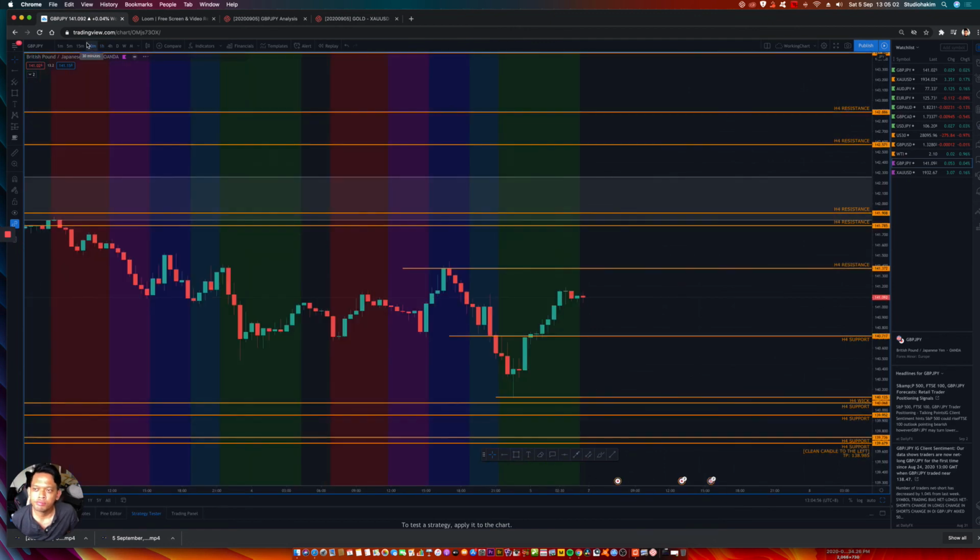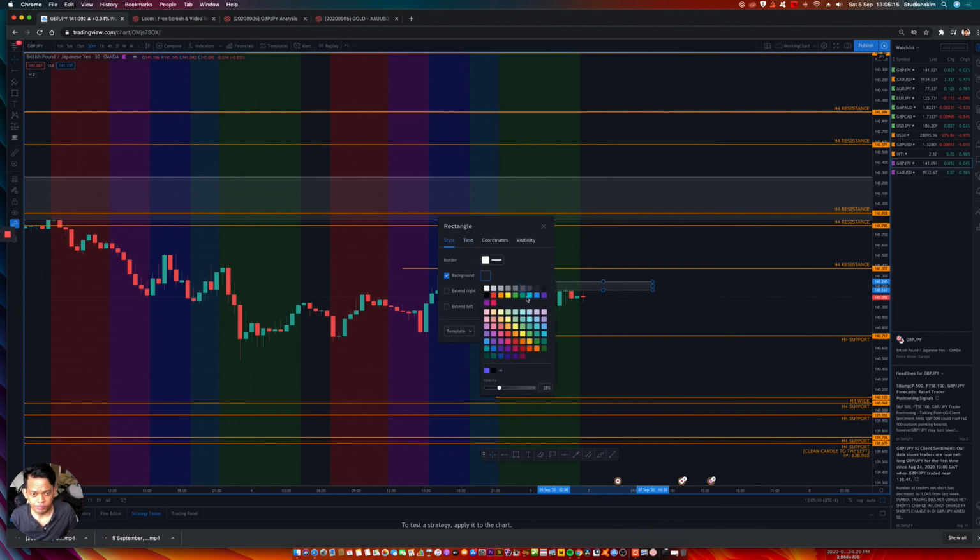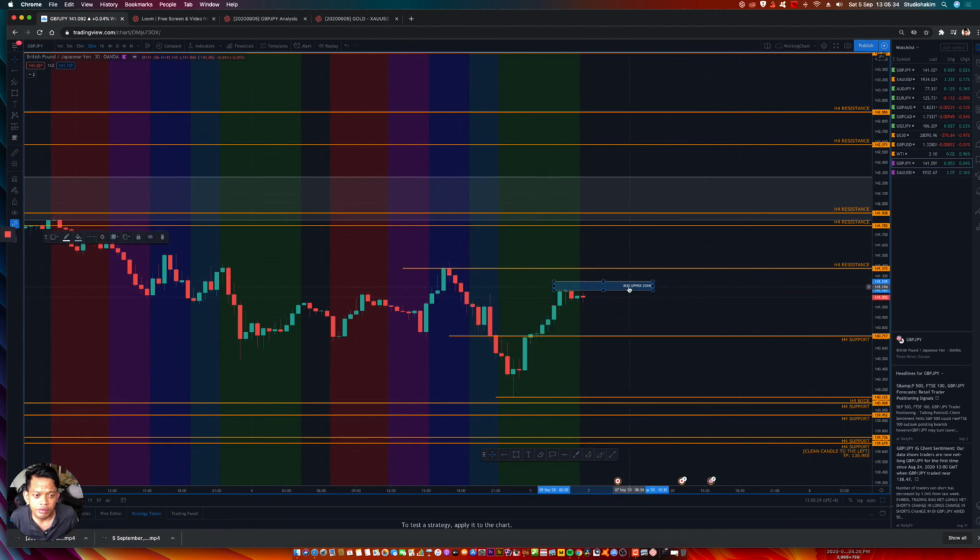But the key pivot usually I'll do is at the 30 minutes, right? 30 minutes usually I'll draw blue, then label this with M30 upper zone, and M30 lower zone.